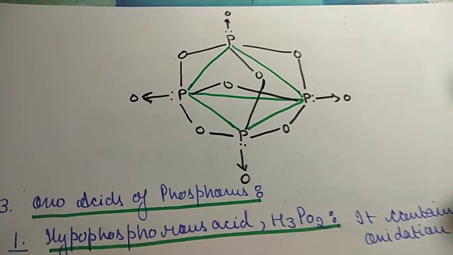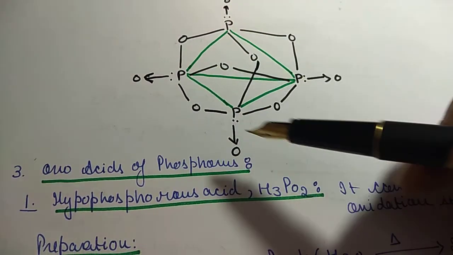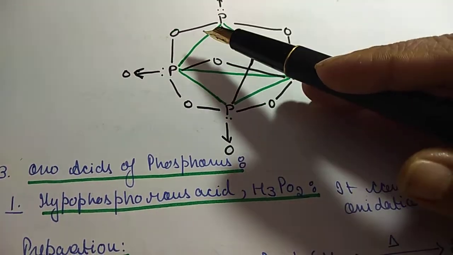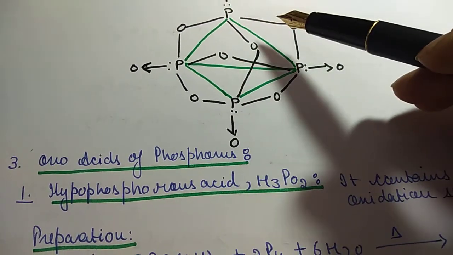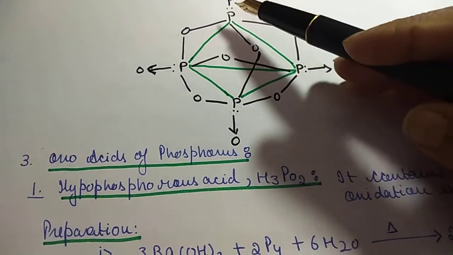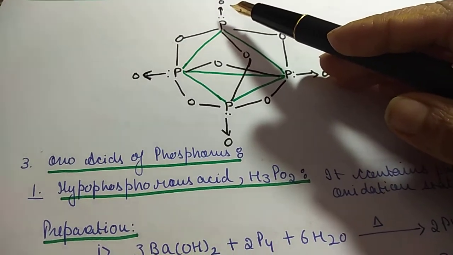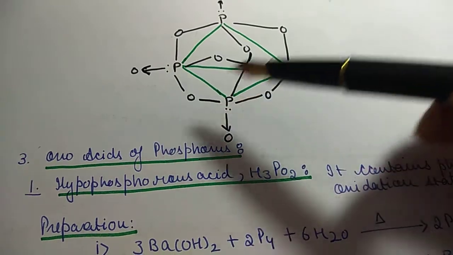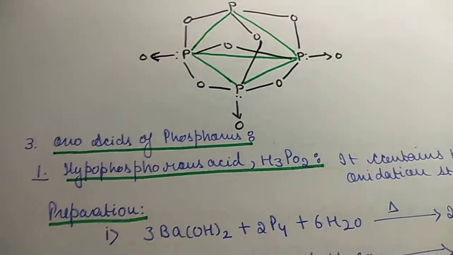You can see the structure of phosphorus pentoxide, 4 oxygen. Phosphorus is attached to 3 oxygens by bonds, and it has one lone pair left with which it forms a coordinate bond with oxygen. So this is the structure. It is a tetrahedron, you can see.